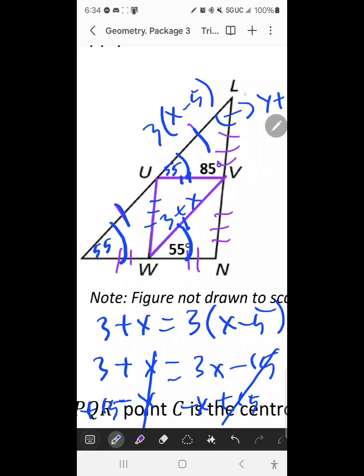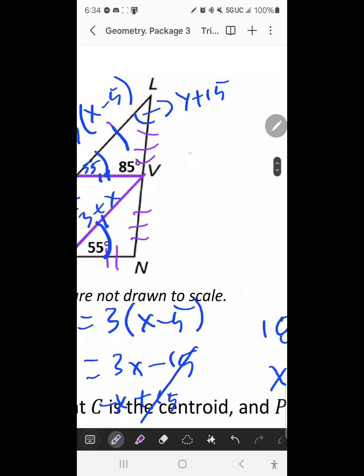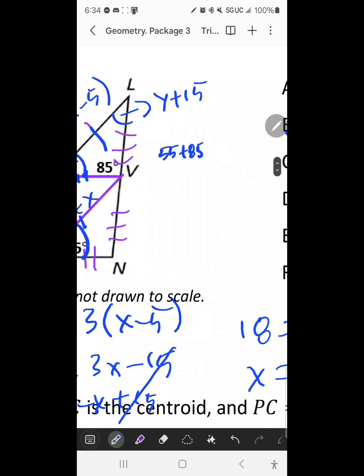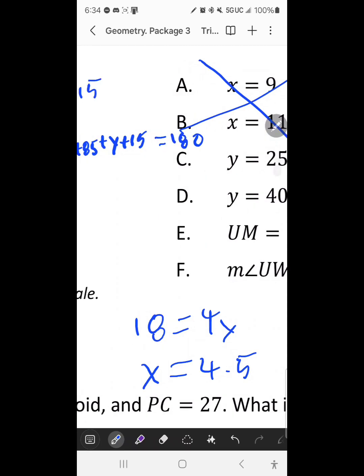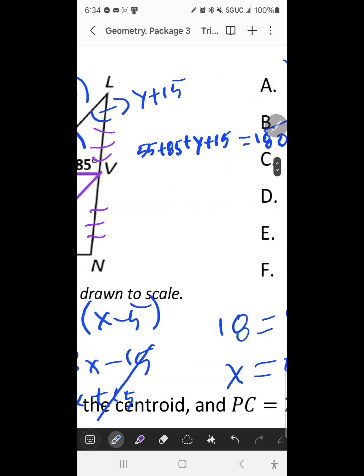Now we have the measure of these two angles. Now I can say that 55 plus 85 plus y plus 15 is going to equal 180. So 55 plus 85 is 140, plus 15 is 155, plus y equals 180.